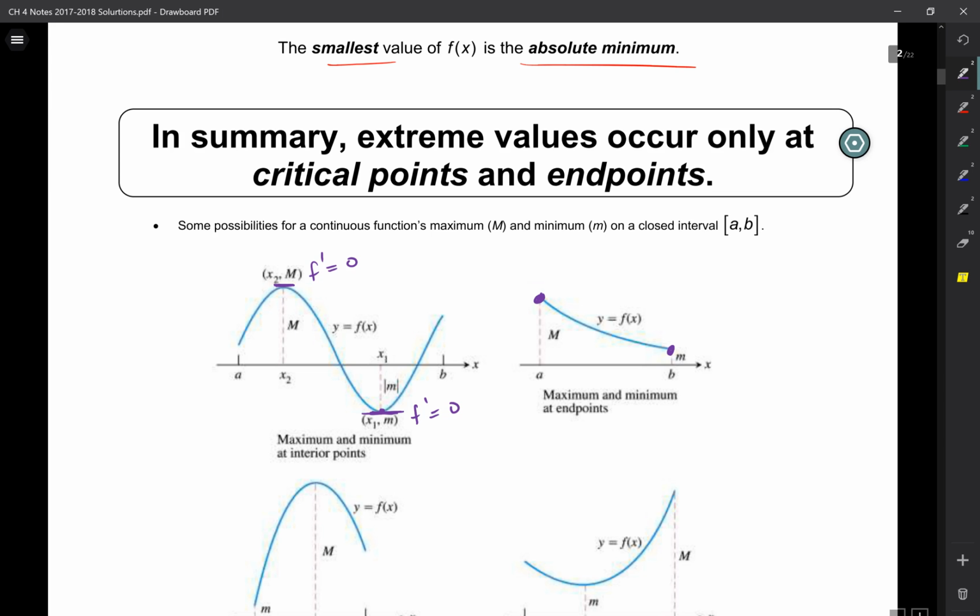Is there a point between A and B where there is a horizontal tangent? Is there a point where it looks like this? No. I'll tell you another way to figure out where there is a horizontal tangent. A horizontal tangent happens when the graph switches between increasing and decreasing.